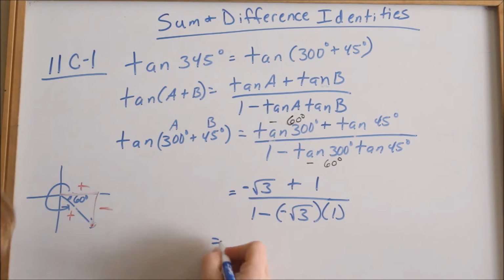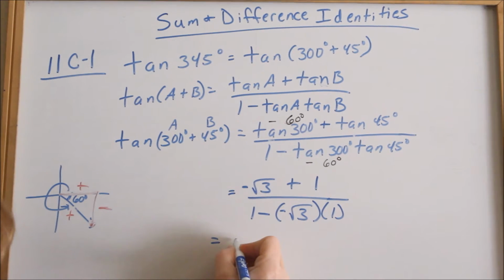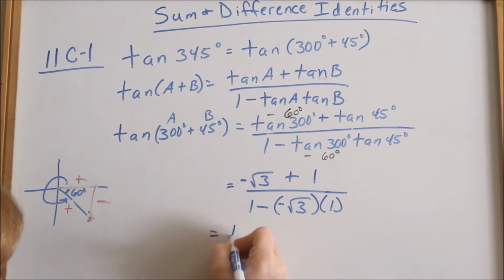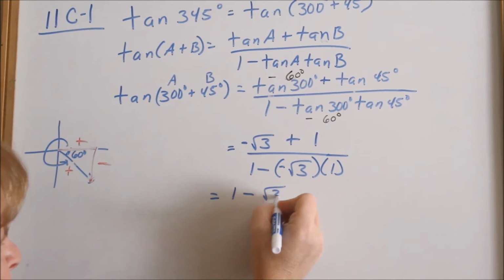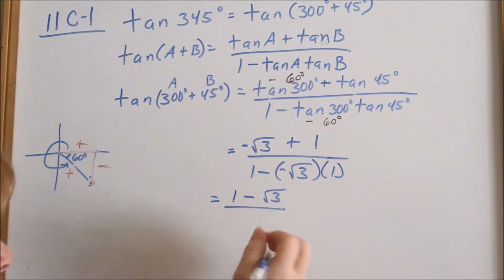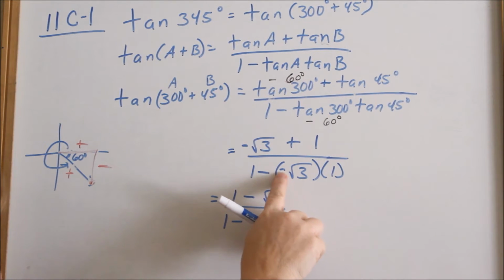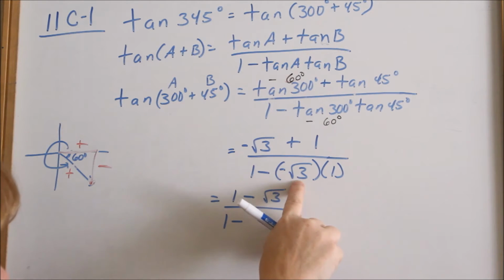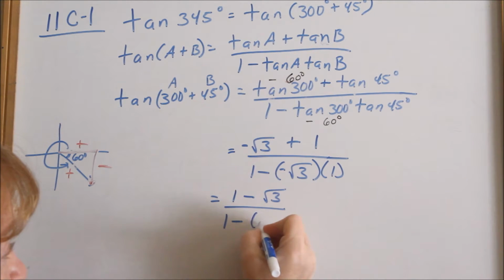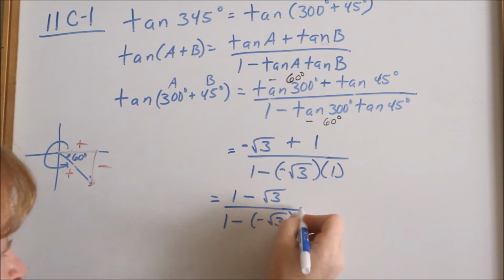Alright, let's simplify all this out. So in my numerator, I'm going to rewrite it like this: 1 minus square root of 3, all over 1 minus negative times a positive. Negative square root of 3 times a positive 1 would be a negative square root of 3.